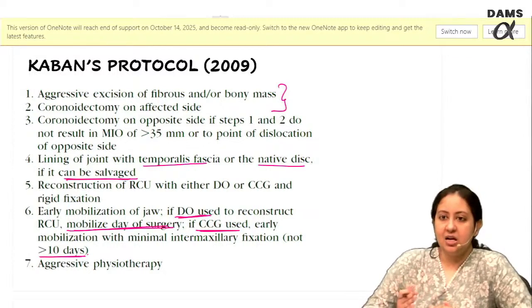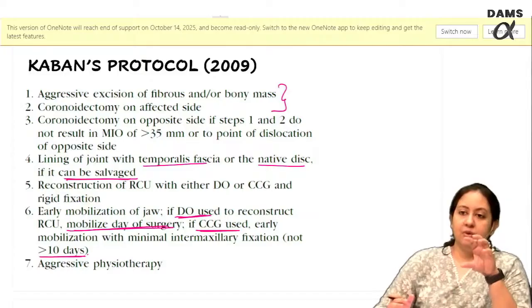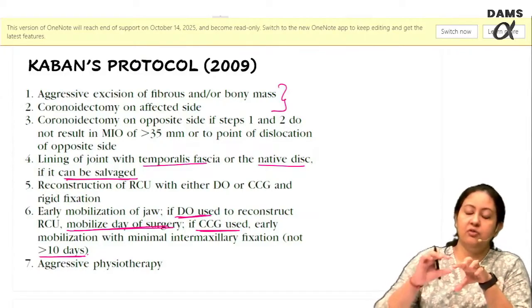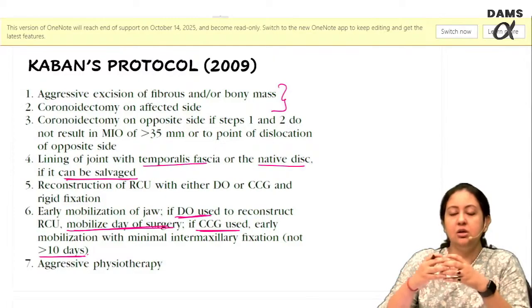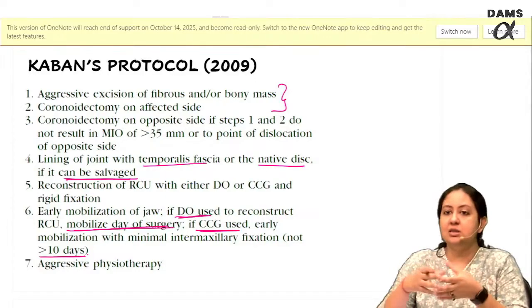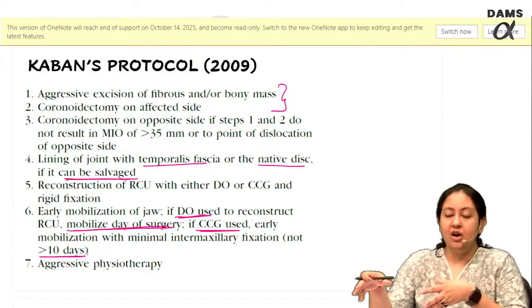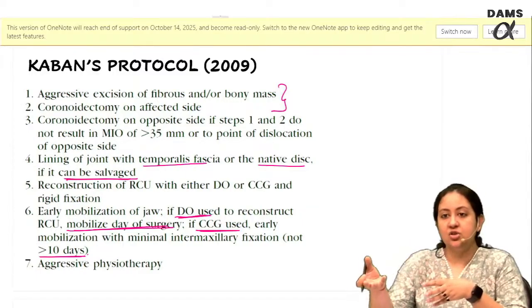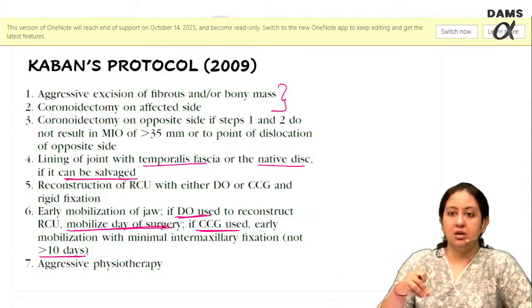Why do we wait for mobilization in a costochondral graft? When we have placed the graft, we secure it with plates and screws. We let the initial adhesion and healing take place, and then we mobilize the graft once it has gained some strength.